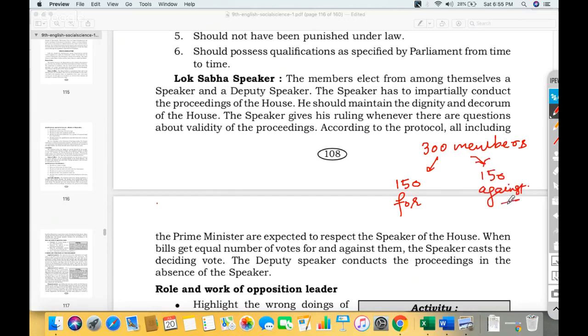Now it's a tie. So whether the bill should be passed or not, who will decide? That is what has been written here: when the bill gets an equal number of votes for and against, the speaker casts the deciding vote. So the casting vote or deciding vote is with the speaker.